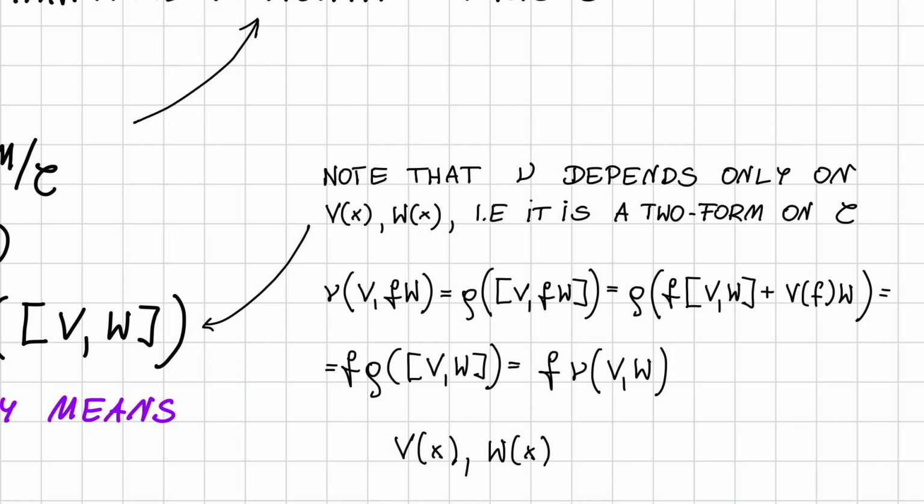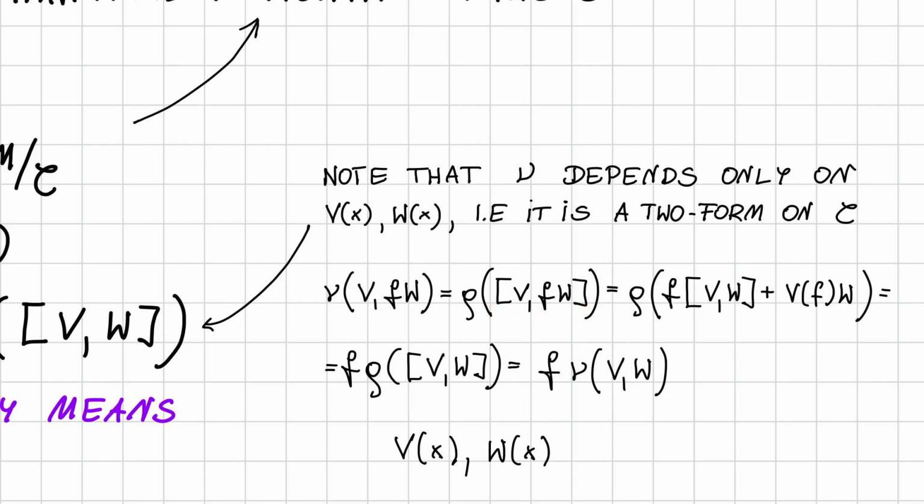How do I do it? Exactly in the same way as when checking that Cartan's so-called magic formula works and provides us with a two form: I multiply one of my vector fields by a function, and I look at what happens. So I multiply a vector field by a function, and I put it into the bracket.